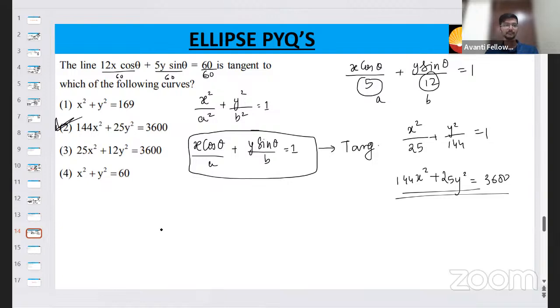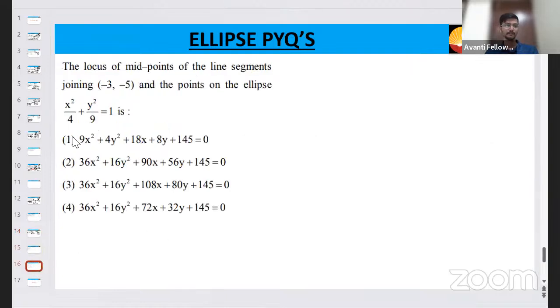Let's look at the next question. The locus of midpoints of the line segments joining this point and points on the ellipse. So, let this point be point A, (-3, -5). Let the point on the ellipse be point B. Right?